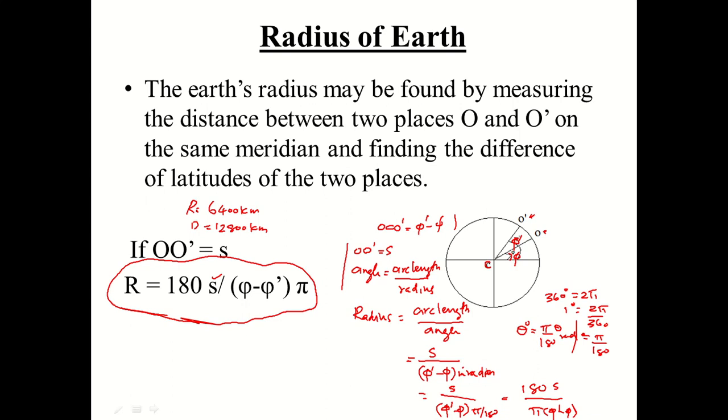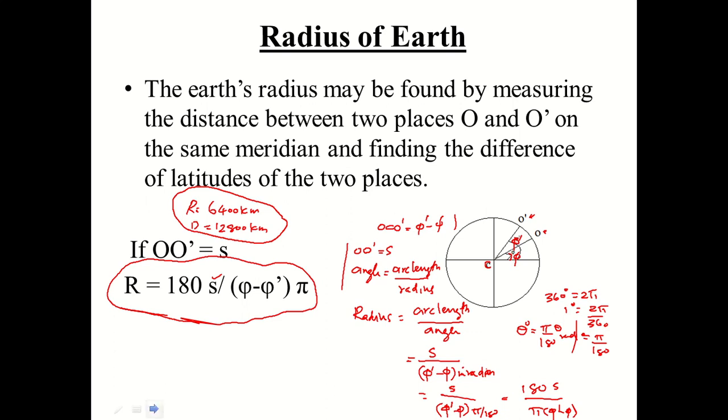So just by measuring the difference in latitude of any two places on the surface of the earth which lie on the same meridian, and measuring the distance between these 2 points, we can calculate the radius of the earth, and it is found to be equal to 6,400 kilometers, or the diameter is 12,800 kilometers.